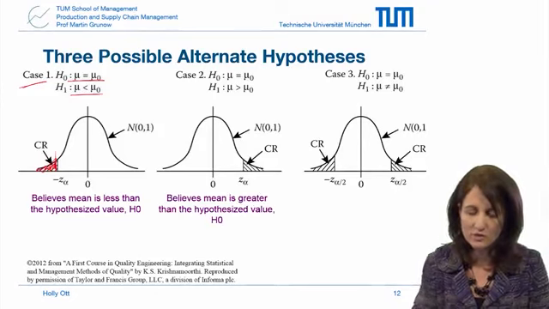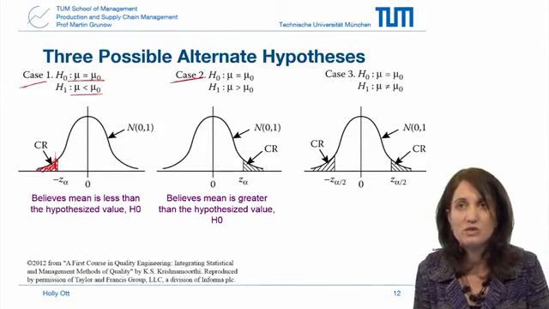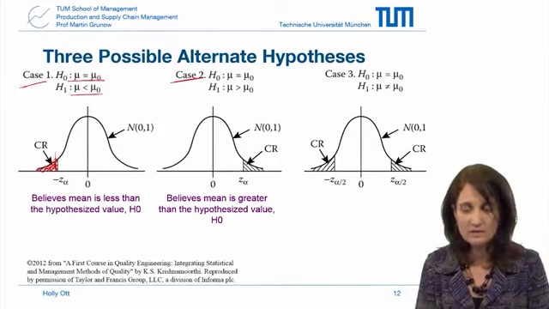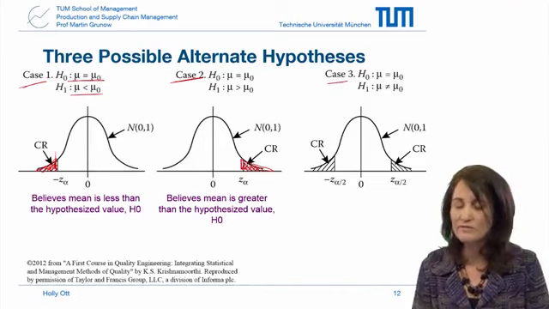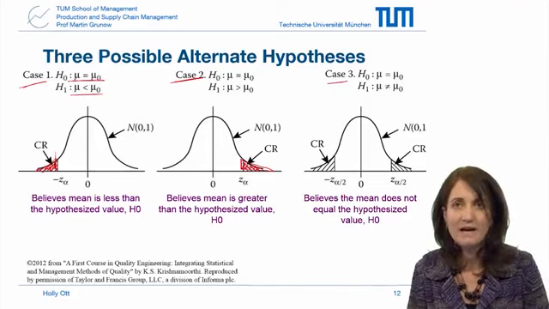As we had before, case 2, here we believe that the mean is greater than the hypothesized value. This is the same case we just did. And here we would set our critical region then to the right of 0. So in the third case, we don't know. We don't know if we have a value that's higher or lower than our known mean, our current mean.